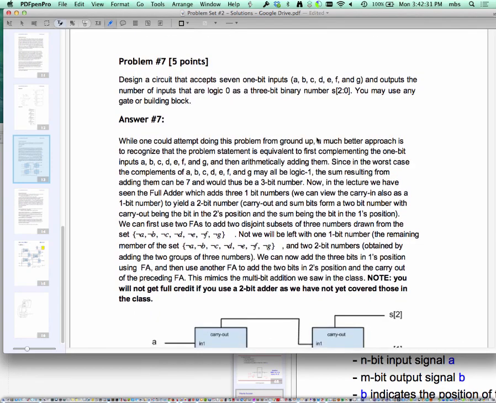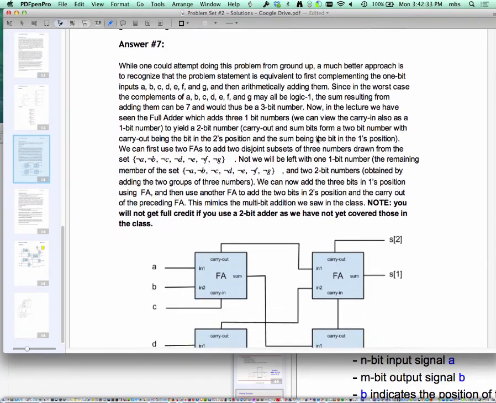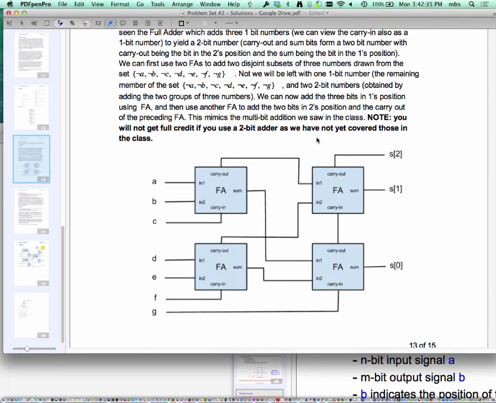So the way I approach this problem is that actually I just realized that I forgot the inverters out here. Okay, so what you can do is you can say that the act of adding howsoever many are 0 is another way of saying the complement, howsoever many are 1.